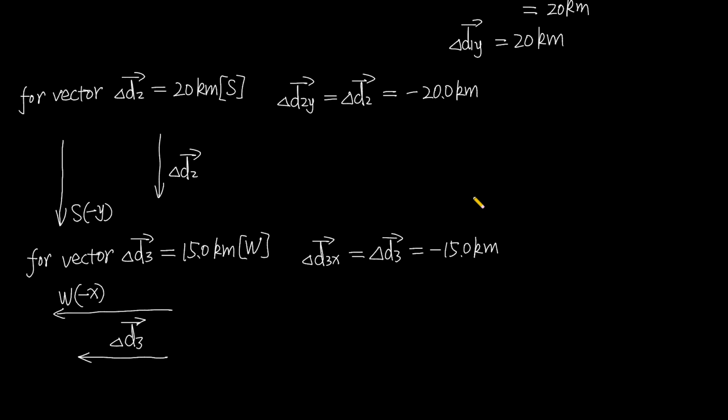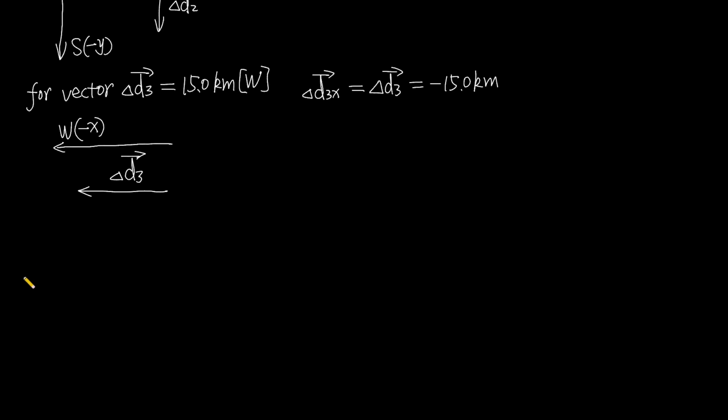And from the information above, we can know that vector delta dtx equals vector delta d1x plus vector delta d3x and equals 15 kilometers plus negative 15 kilometers and equals 0 kilometers.